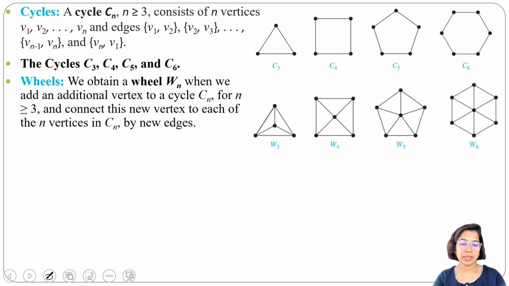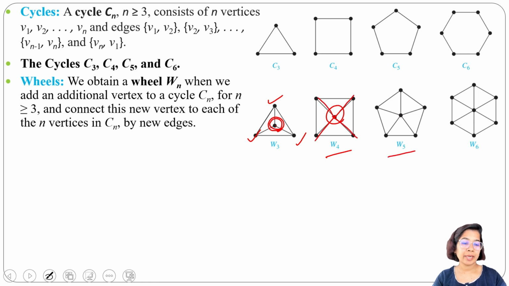Now examples of wheels. This is W3. There are 4 vertices including this center vertex. There are 3 outer vertices that create a cycle, and we add this center vertex with edges from it to every other vertex. Next W4, there are 5 vertices including the center vertex, with edges from the center vertex to every other vertex.